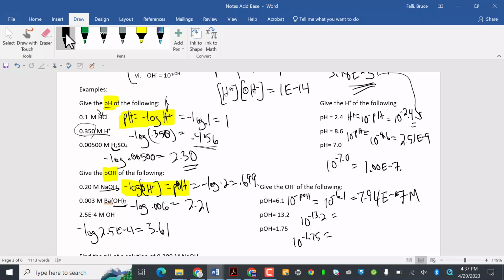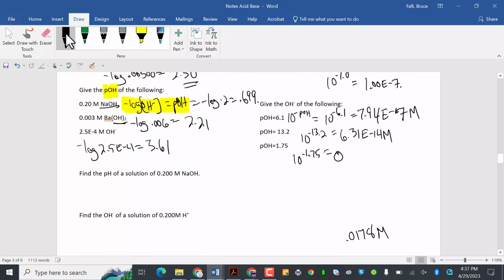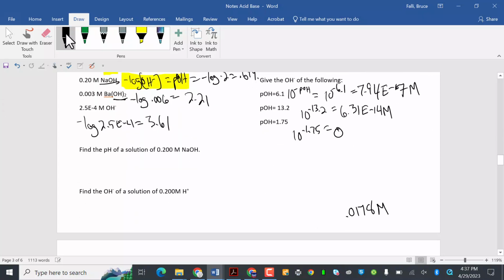Second log negative 13.2 is 6.31 E negative 14 molar. And second log negative 1.75, enter, is 0.0178 molar.